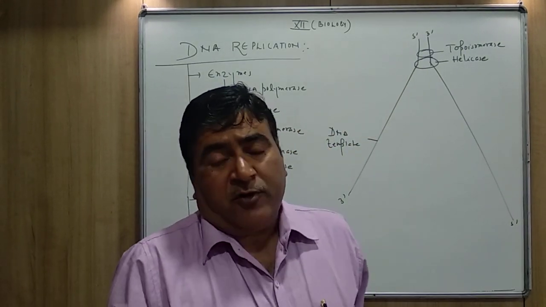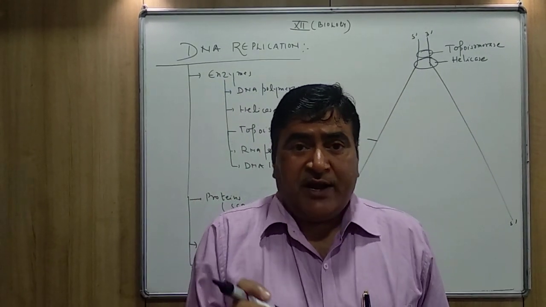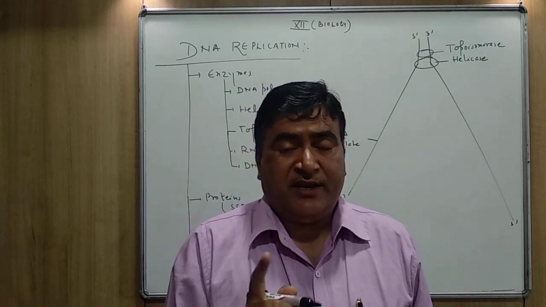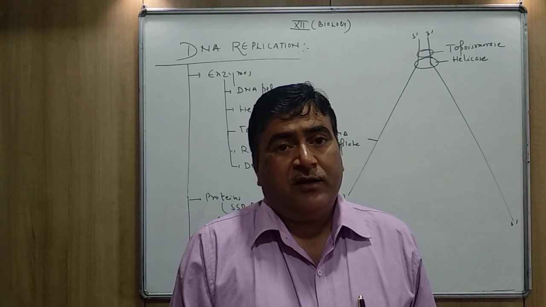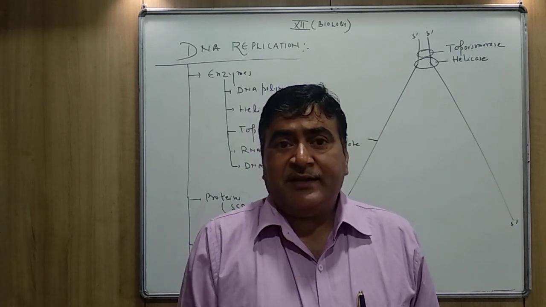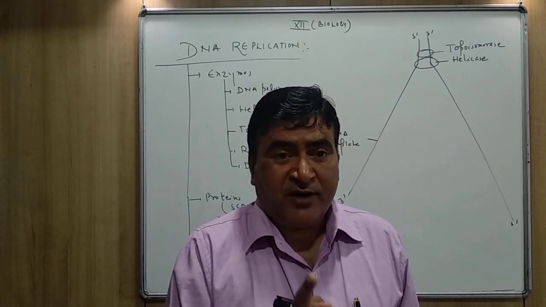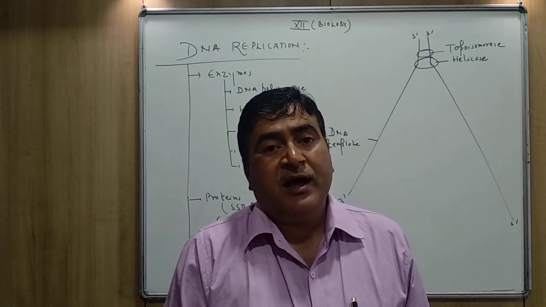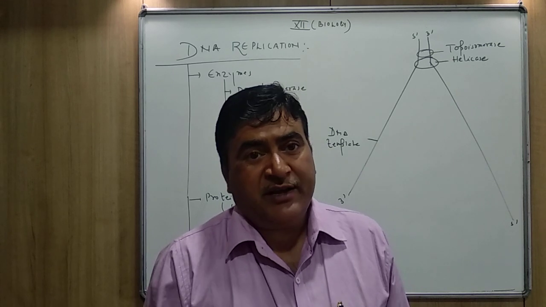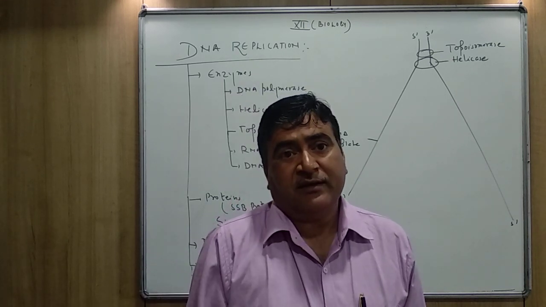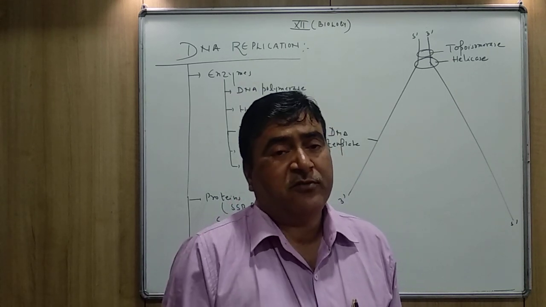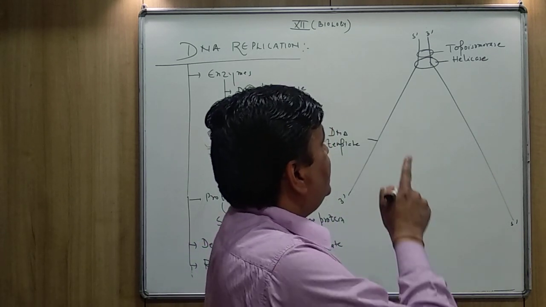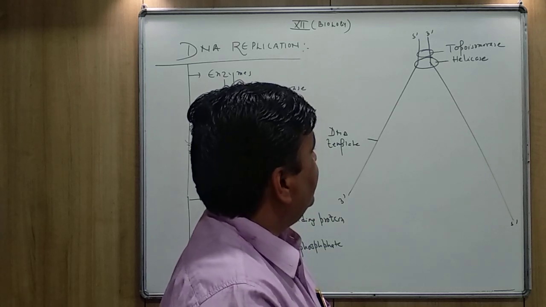This enzyme is required to relax supercoiling of the duplex DNA. So helicase enzyme is responsible for unwinding of the duplex DNA, and during unwinding, the supercoiling takes place, and that supercoiling is relaxed by the enzyme topoisomerase.